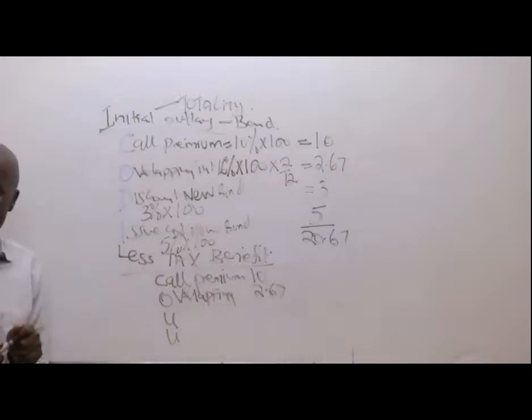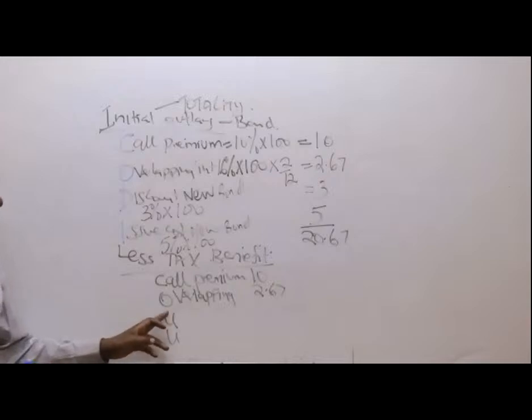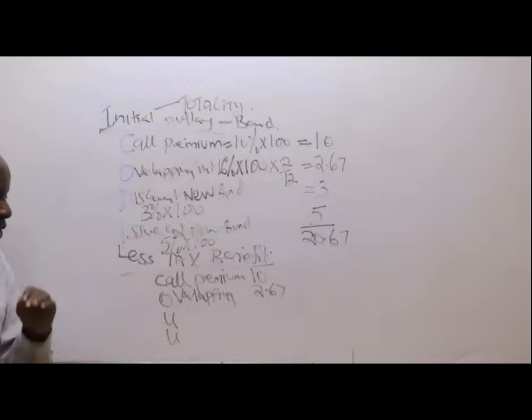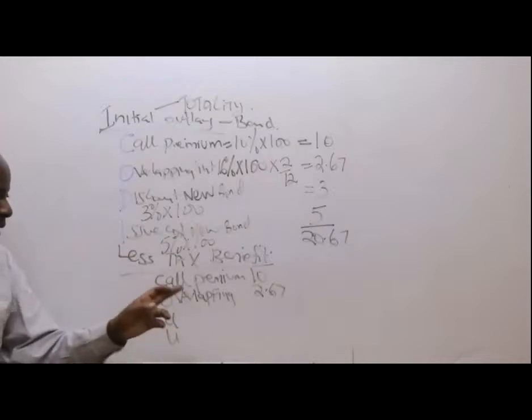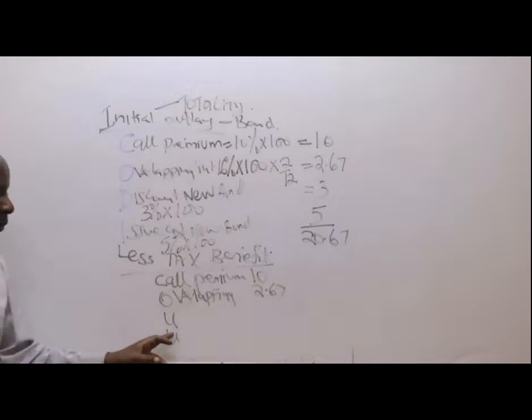The confusion comes a little here with U. This is called unamortized. So please write it in full: unamortized discount cost and unamortized issue cost.